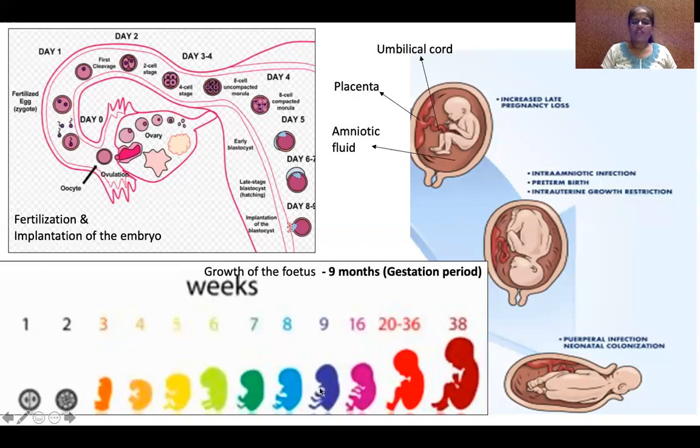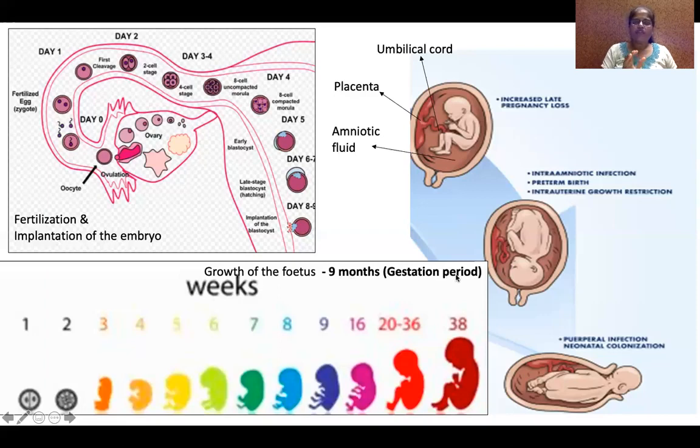At this stage, we can clearly see the legs, hands, nose, eyes, everything visible under scanning. At the end of the 9th month, the fetus grows in the uterus of a woman for 9 months. That is called the gestation period.